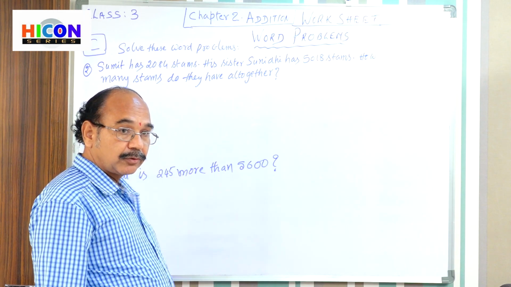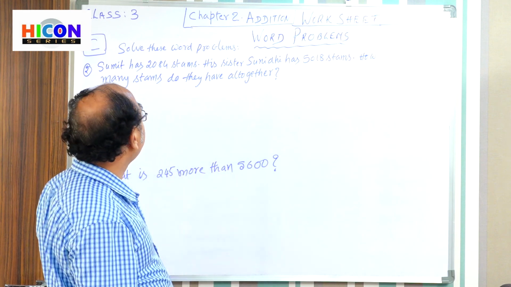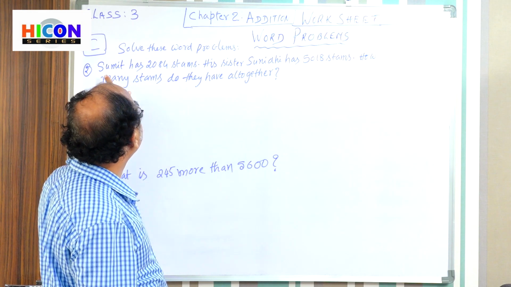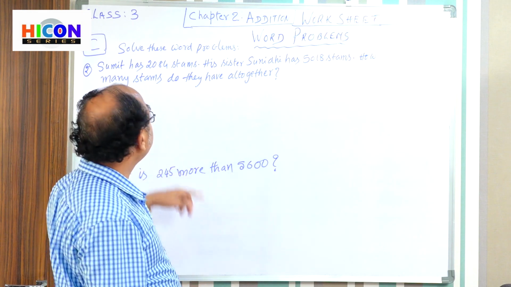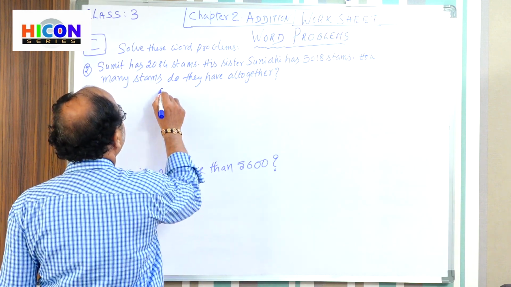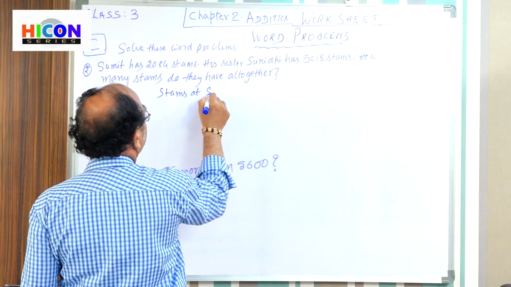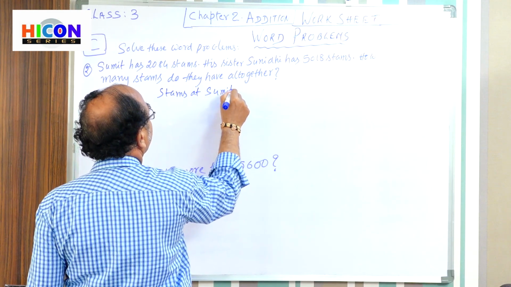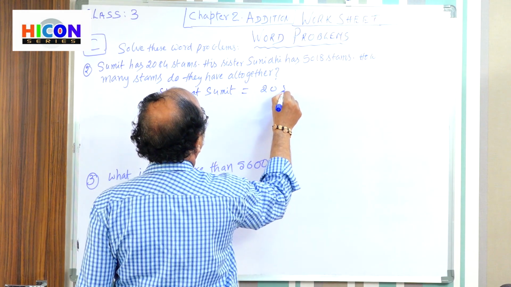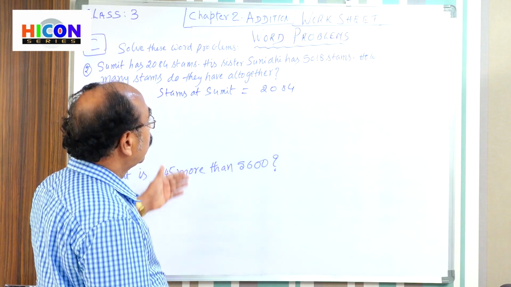First of all, after reading the question, you point out how many stamps are there in the hands of Sumit. Sumit has 2084 stamps.